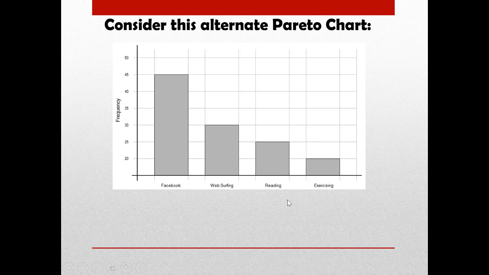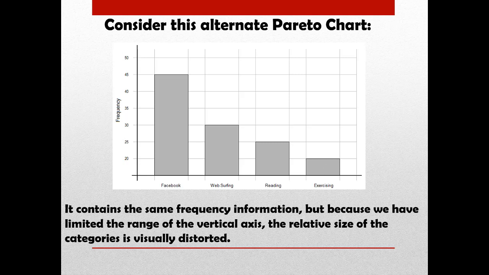But by changing the scale here, we've made it appear visually as if the number of people who read is twice as many as the number of people who exercise. So that's why this is misleading. It contains the same frequency information, but because we've limited the range of the vertical axis, the relative size of the categories is visually distorted.